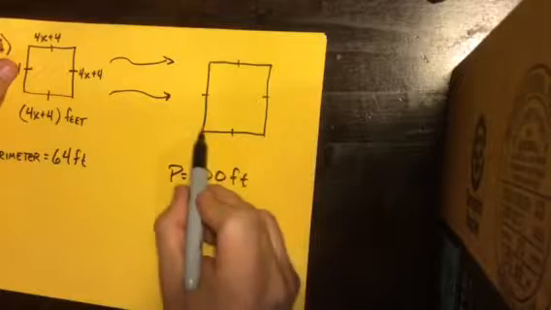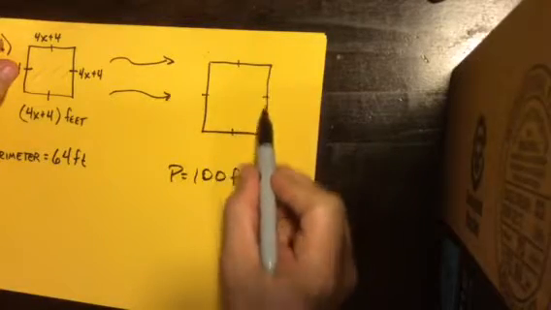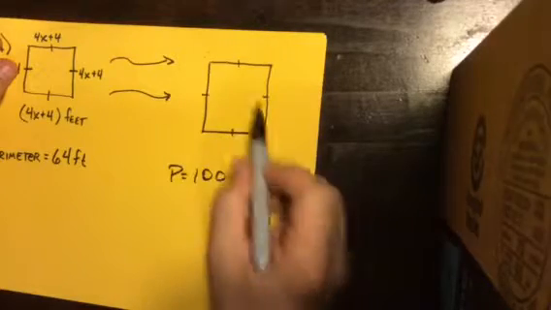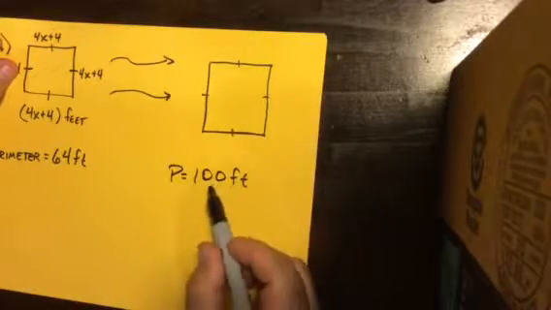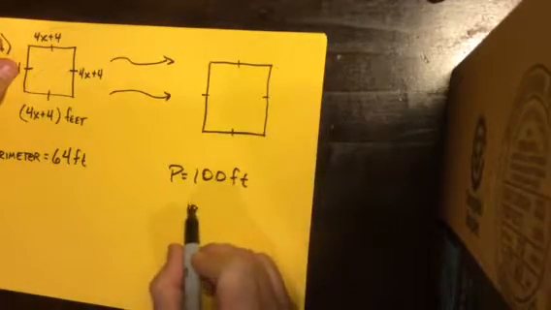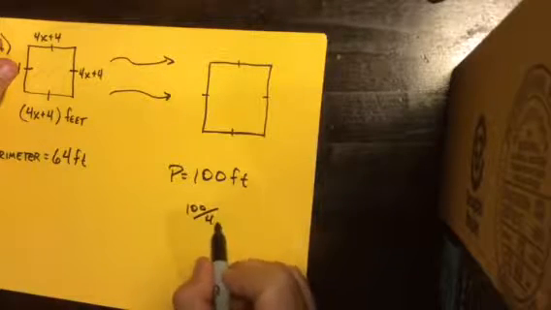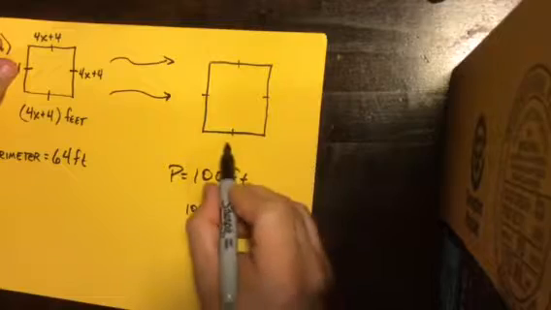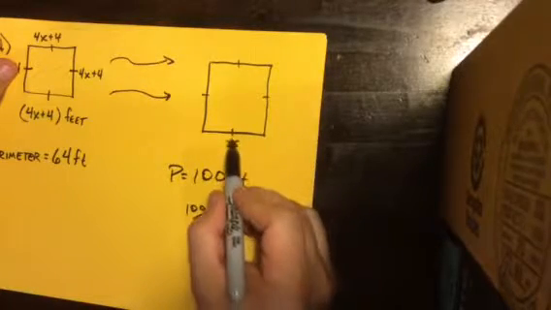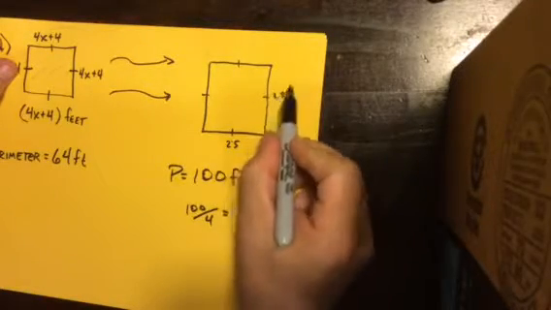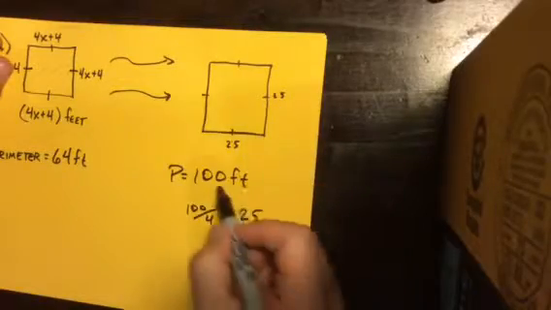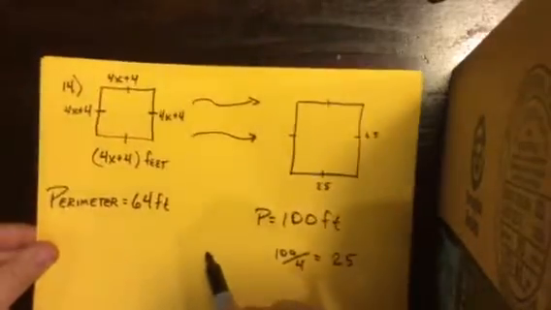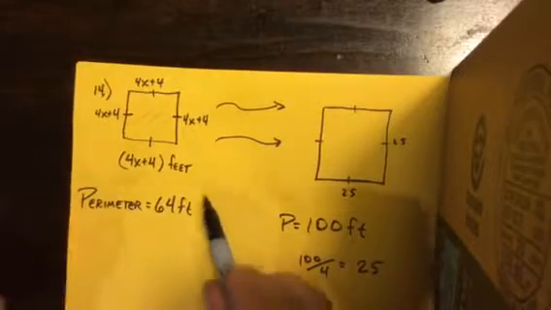What that means is all four of these sides add up to be 100 feet, and therefore all of them are also the same. So common sense would say, I'd take that number 100 and divide by 4, which would give you 25. So this side would be 25, because 25 plus 25 plus 25 plus 25 adds up to 100. So you take the simple example and see how it applies over here.